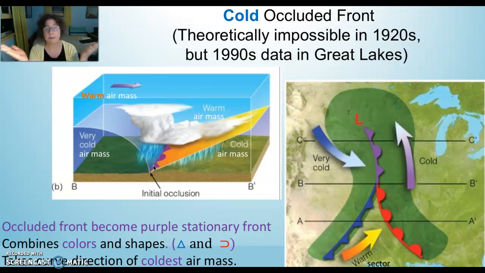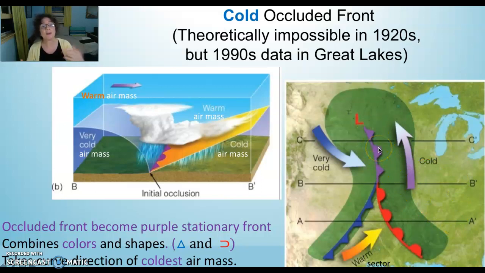Some maps, especially in newspapers early, never had color, so they also used a shape sign, and they put together the triangles and the circles as well. Now you might say, well, that's a stationary front, but this is a purple stationary front.